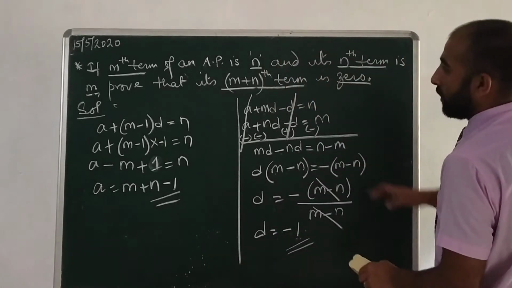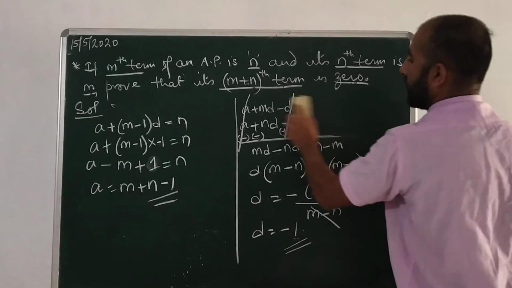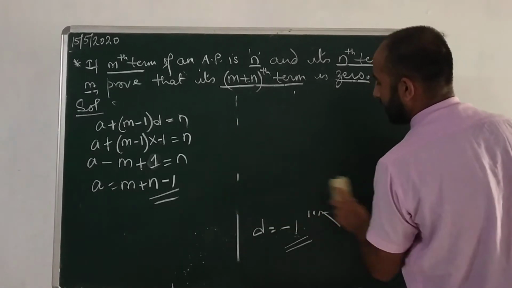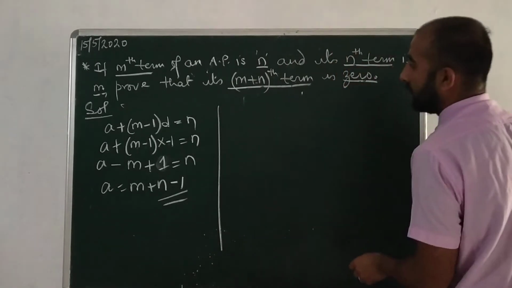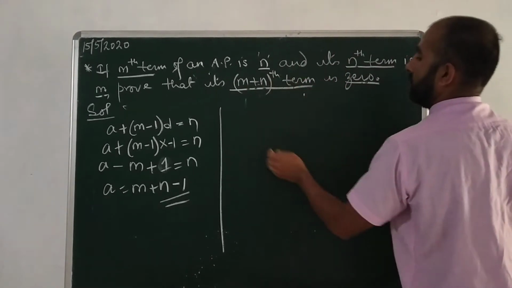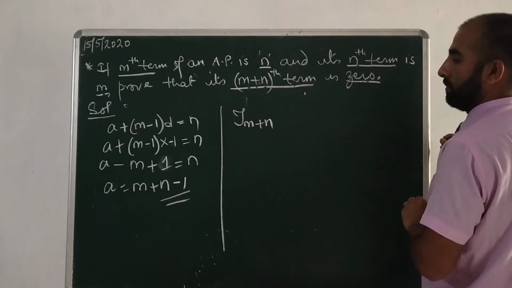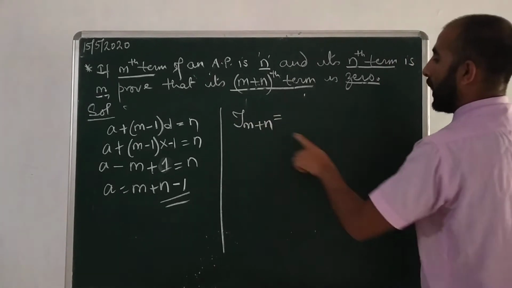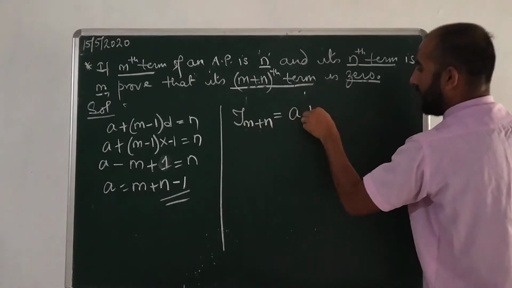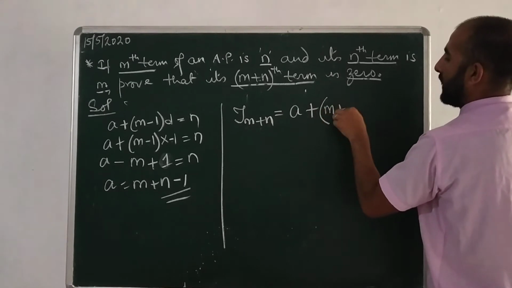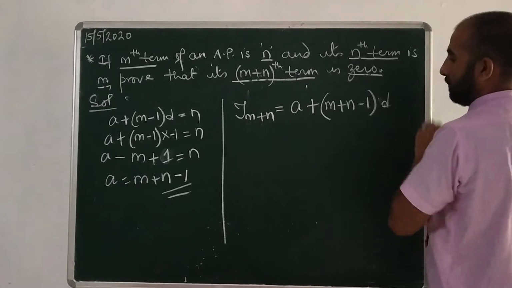Now finally we are going to prove that the m plus nth term is 0. Okay, let's find out the m plus nth term. T(m plus n) equals, what is the m plus nth term formula? a plus (m plus n minus 1) into d.